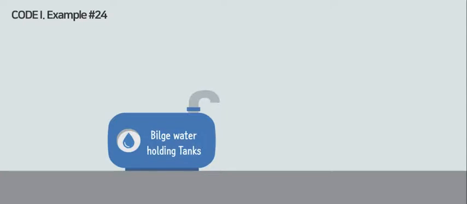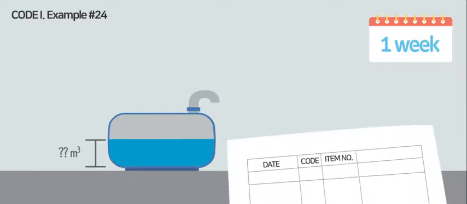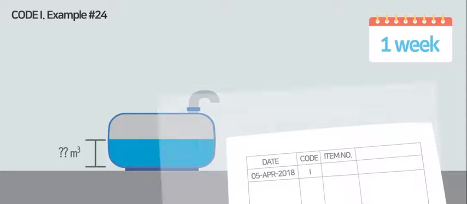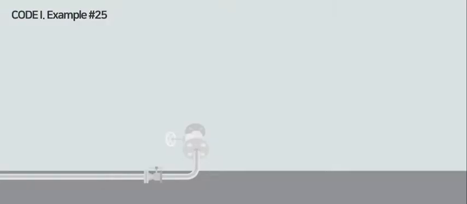Example 24. In case of voluntary declaration of quantities retained in bilge water holding tanks weekly, name of tank listed under item 3.3 in the supplement to the IOPP certificate, capacity, and quantity retained are recorded using code I. Example 25.